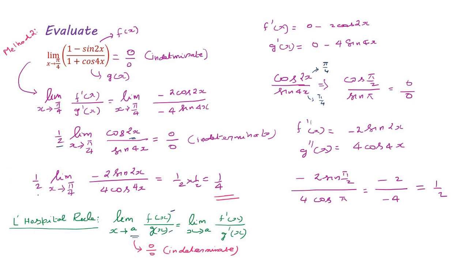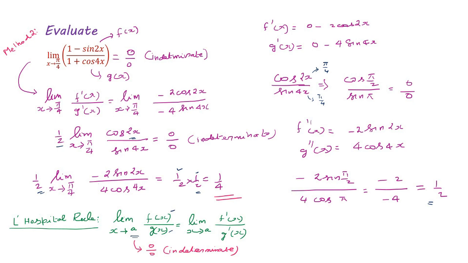Because already one half is there here, no? So that half is written here. This half comes from this. So when you evaluate this limit, you get the final answer as 1 by 4 as before.